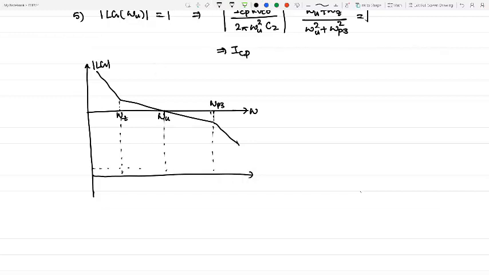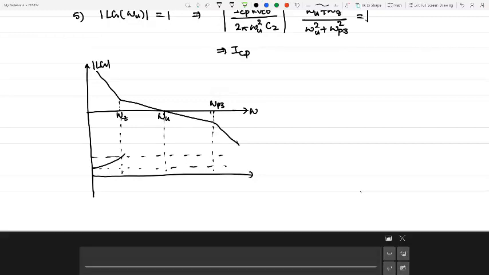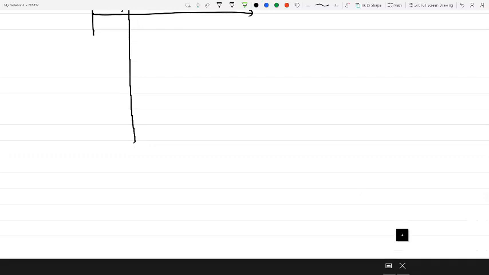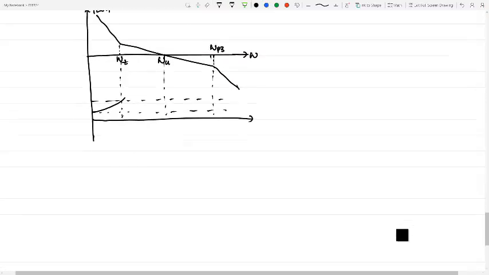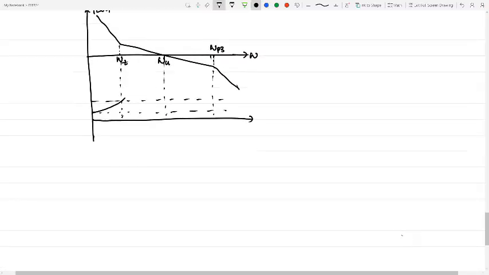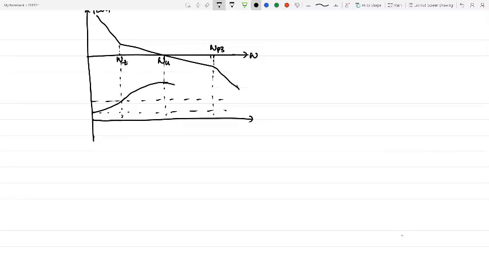And let's just mark it that way. So it starts with minus 180 degrees, and I think if you follow all these equations, it will be like this.